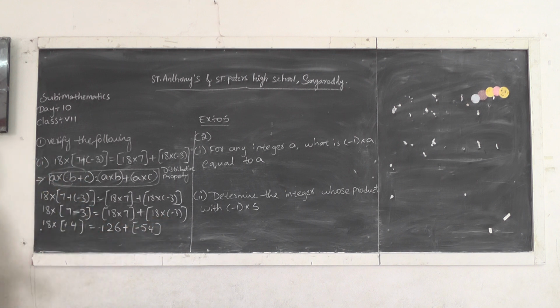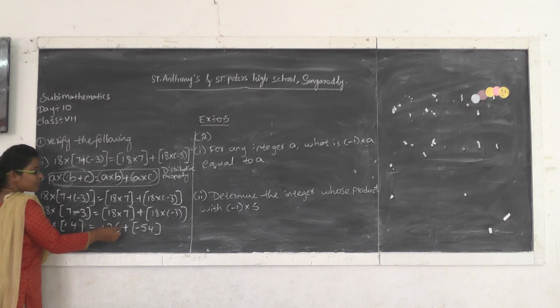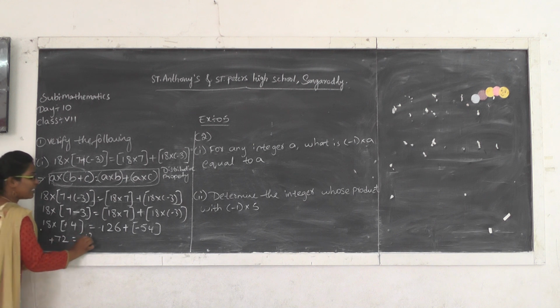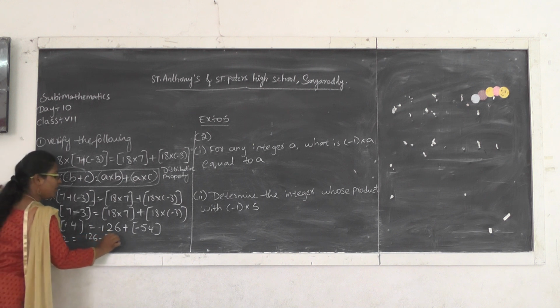Next step, what do we have to do? Multiply the remaining numerical terms. 18 fours are 72. Both are positive integers, so the result is positive 72. Next, 126 minus 54.